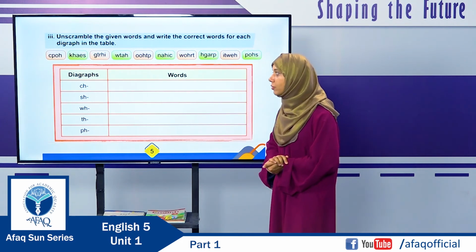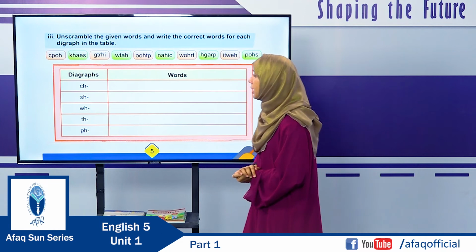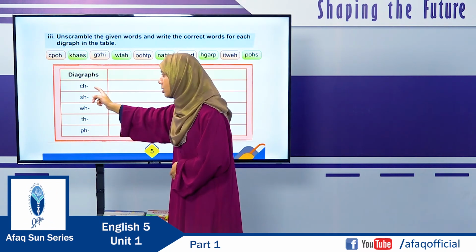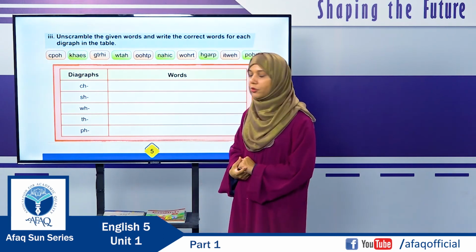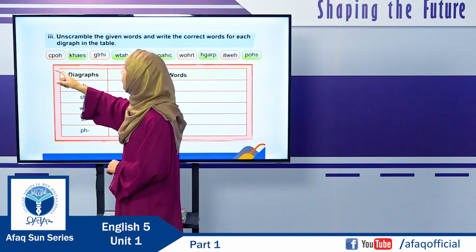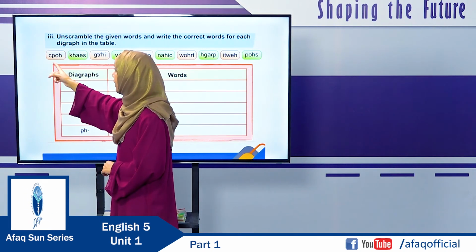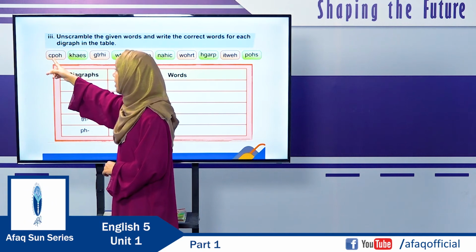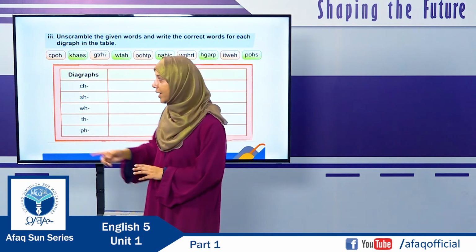Alright, let's do the first one together. Can you find a word that has the digraph ch in it? Can you find a word like that? Okay, let's look at this one. If we unscramble this word, it is C-H-O-P, chop. Yes, chop.